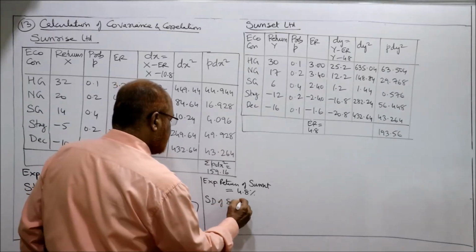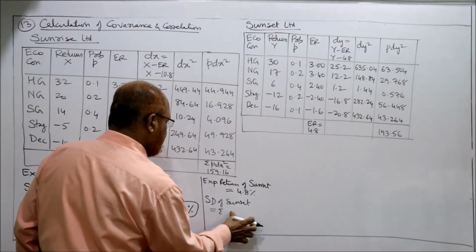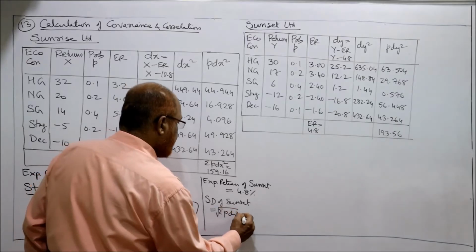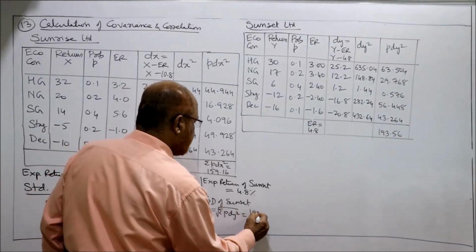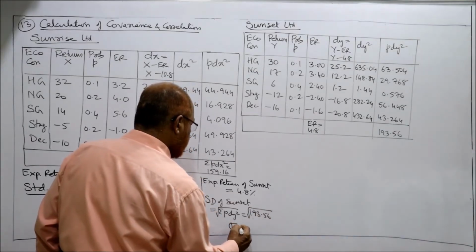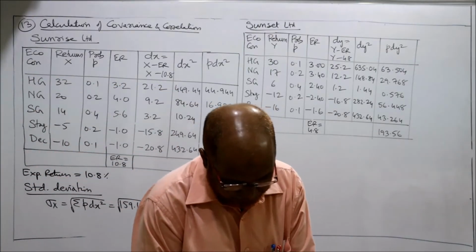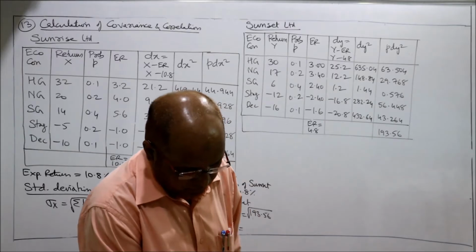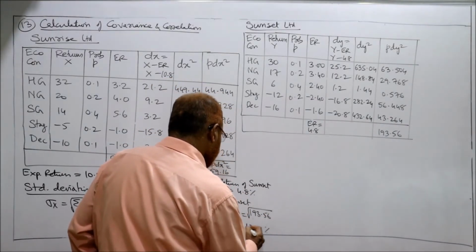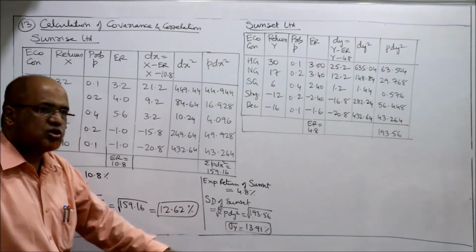Standard deviation of Sunset is the square root of summation P dy square. So 193.56 under root, which is 13.91. We got the standard deviation of Sunrise and standard deviation of Sunset.